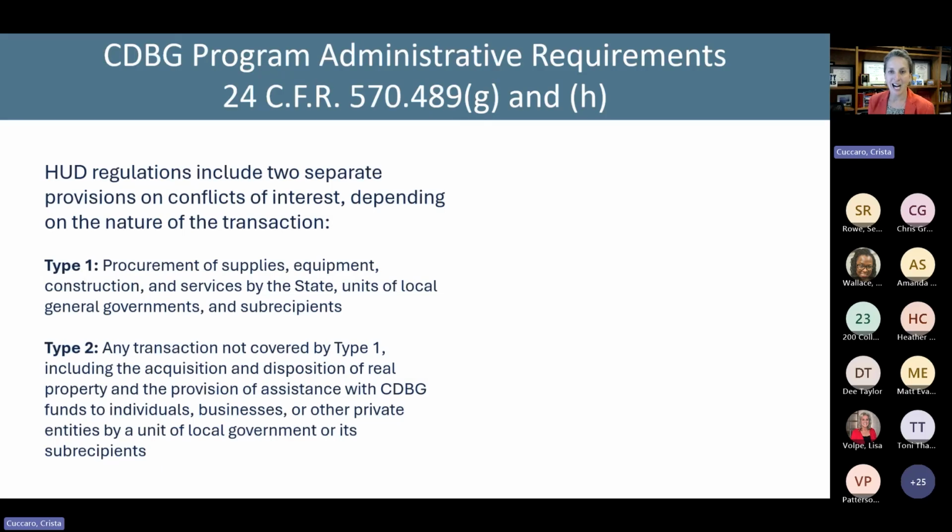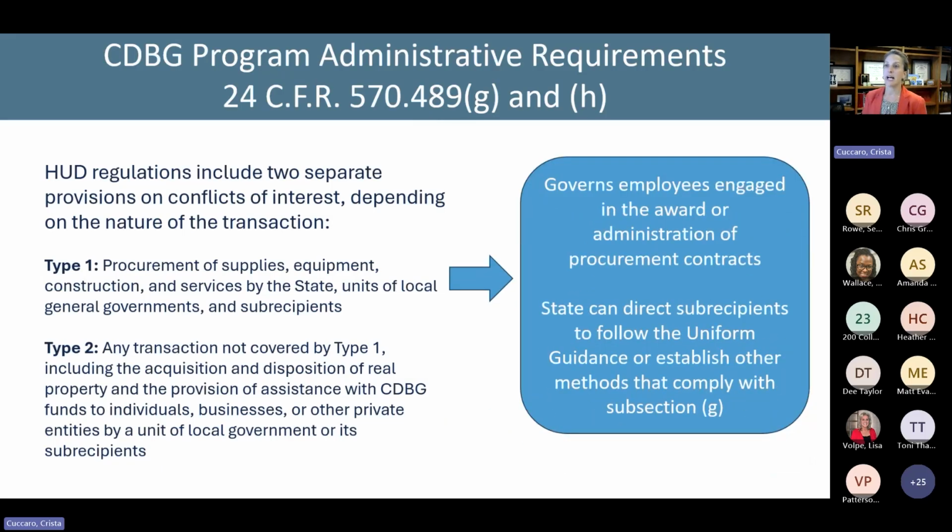So type 1, when we're talking about procurement, what HUD tells us is that we need to look at the employees engaged in the administration of contracts or the award of contracts, and the state, so Commerce, can direct subrecipients to follow the Uniform Guidance, or the state has the ability to enact its own conflict of interest standards here, so long as it complies with the minimum requirements set out in subsection (g).